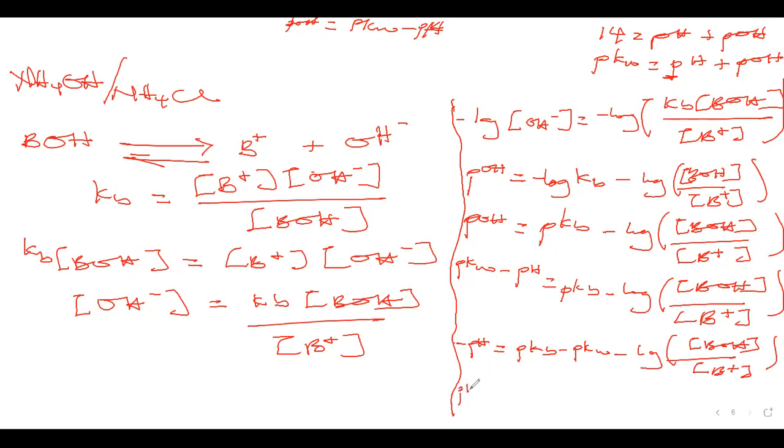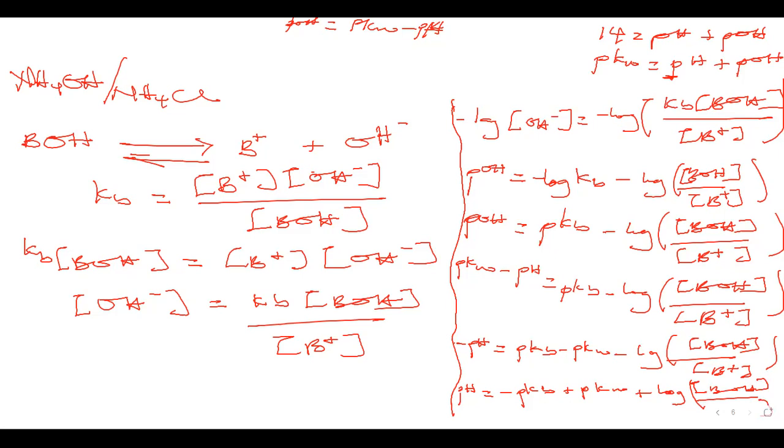So I'm going to get pH being equal to negative pKb plus pKw, and then plus the log of BOH out of B plus.